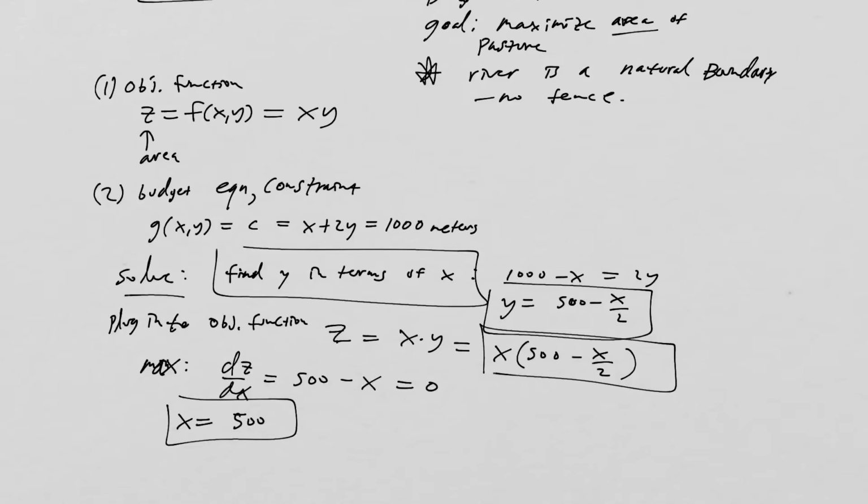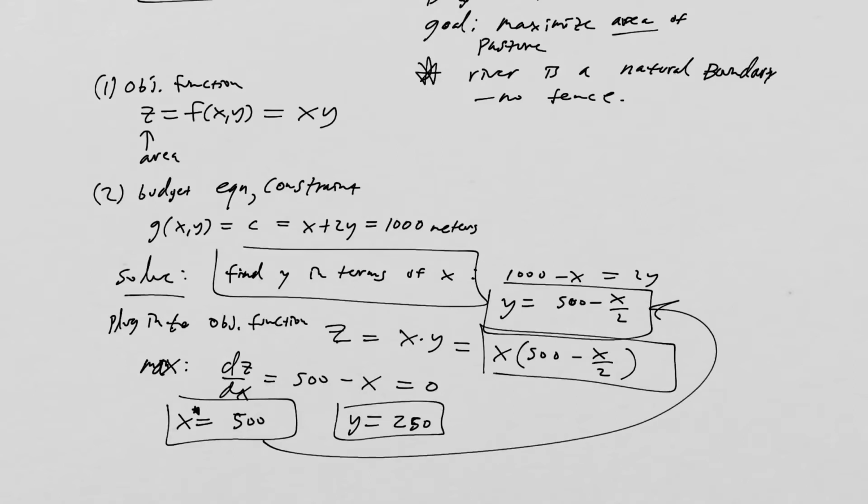Okay, very good. So that becomes what I call x star. And, of course, y, if you plug this number in over there, you get y is equal to 250. Okay, so what you have is a rectangle. A 2-to-1 ratio rectangle is the optimal fence pasture in that particular case.